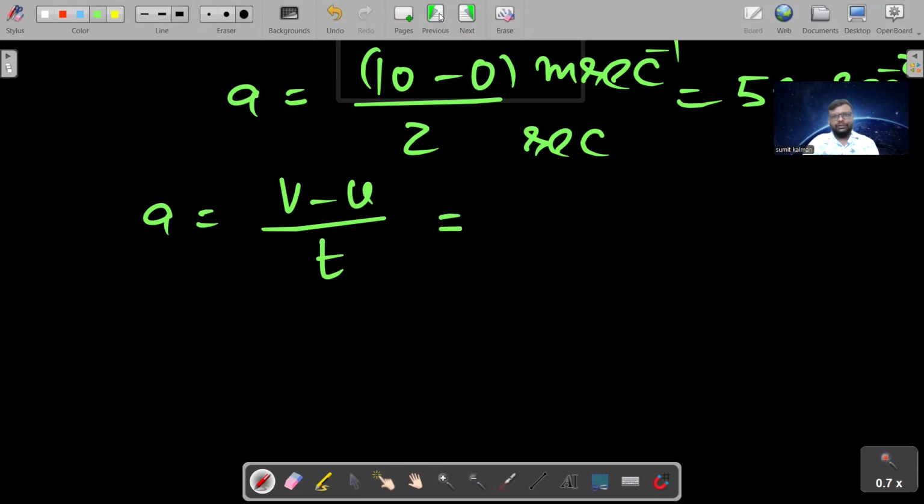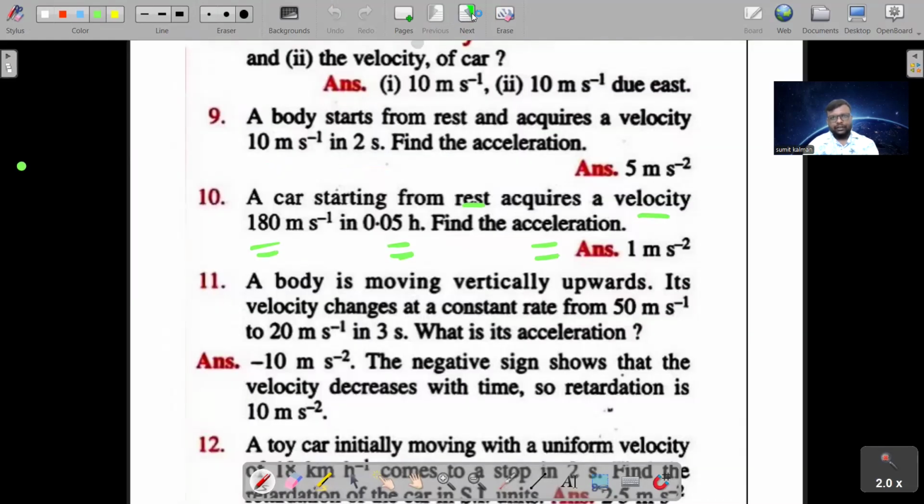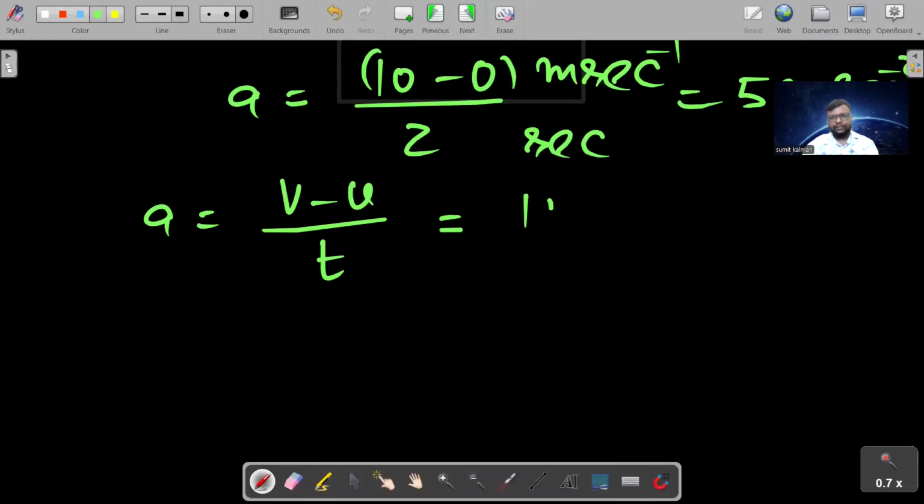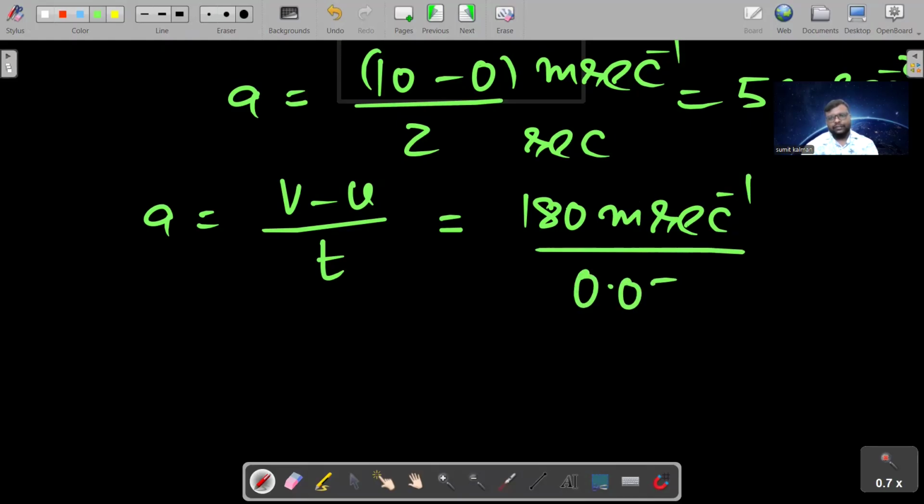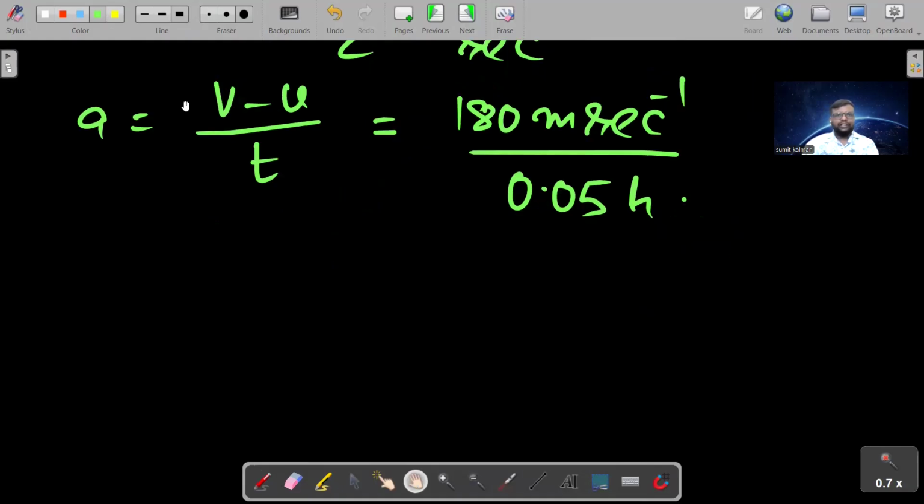So what is the final velocity here? 180 meter per second. Initial velocity is 0, so it will be 180 meter per second. Time is how much? 0.05 hour. Now, students, we will convert hour into second.